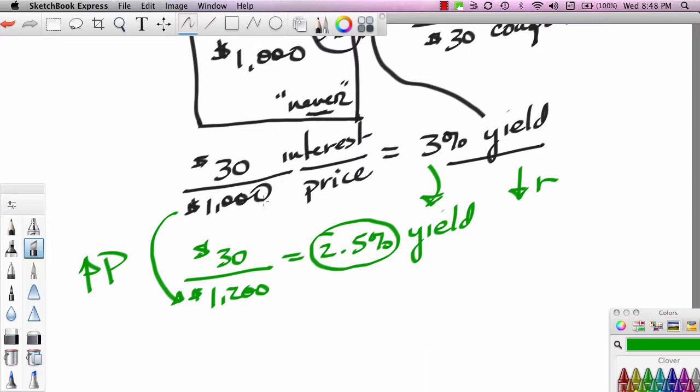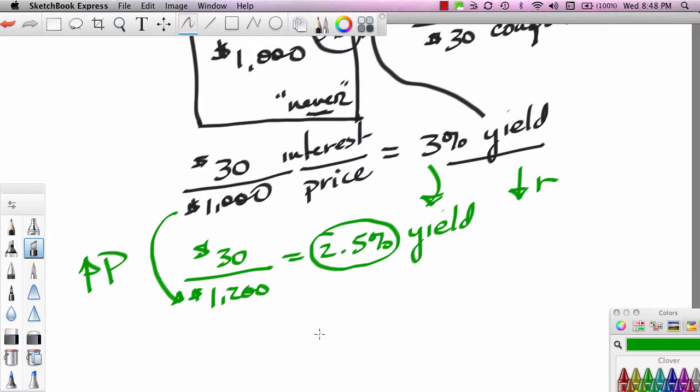So it must be that at the time the bond was initially issued, the yield on comparable instruments was 3%. Interest rates for some reason have dropped, and therefore people are willing to pay more for the instrument, and effectively they get a yield comparable to what everybody else is getting in the marketplace.